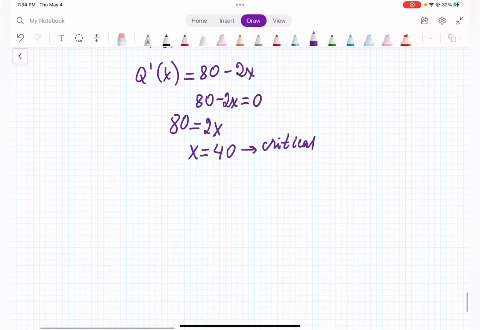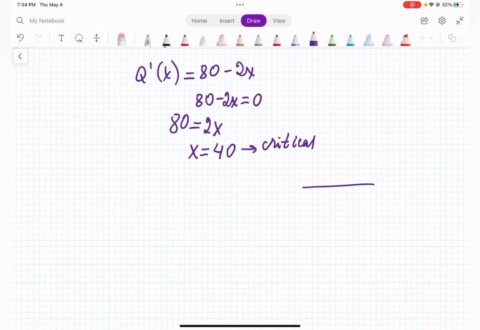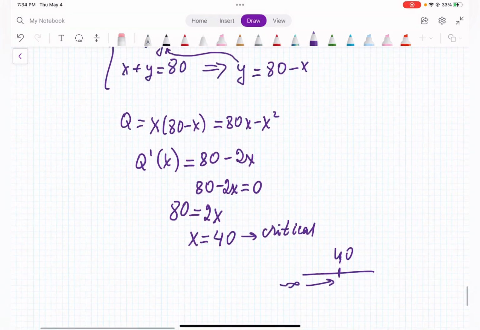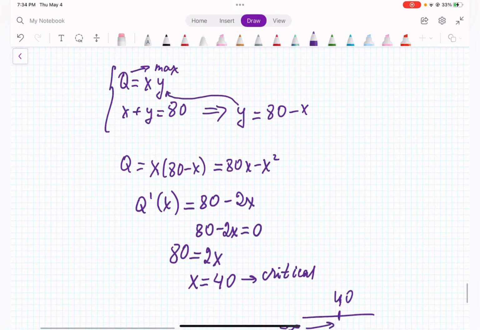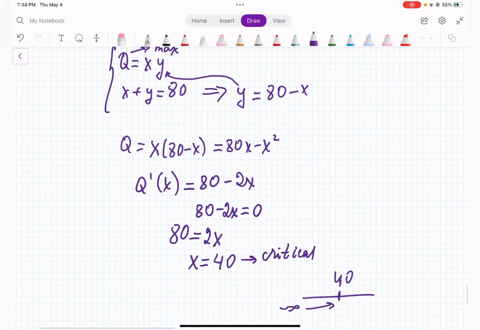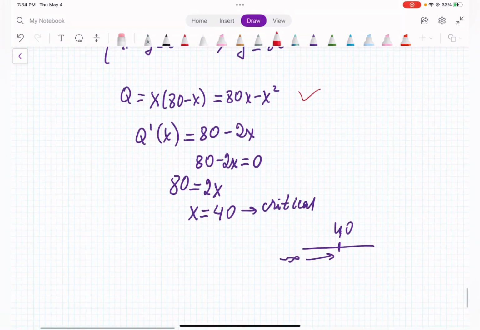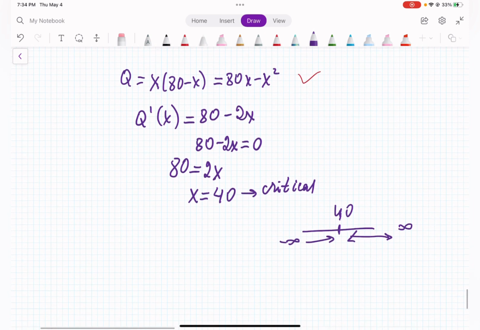There are two ways. One way we learned: we take this critical value 40 and pick a testing point from negative infinity to 40, plug it into Q prime, and see if it's positive or negative. The same way, find a testing value between 40 and positive infinity.